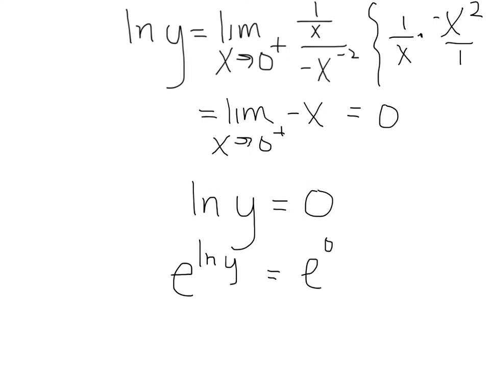And now, by our logarithm exponent rules, e to the natural log of y is just y, or the limit that we were trying to solve for, and e to the 0 is 1. So our final answer here is that the limit as x goes to 0 from the right of x to the x is equal to 1.